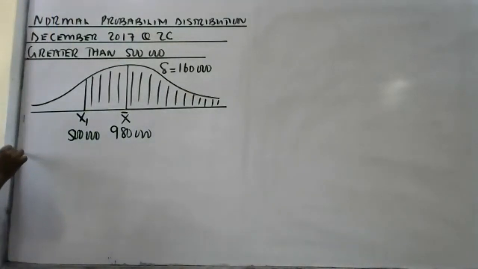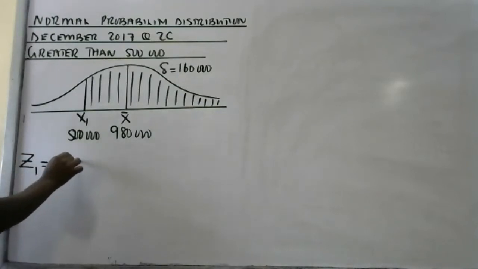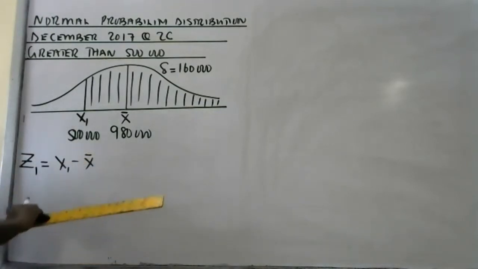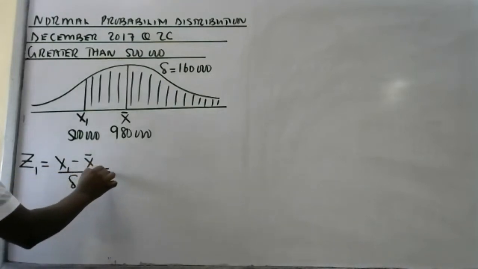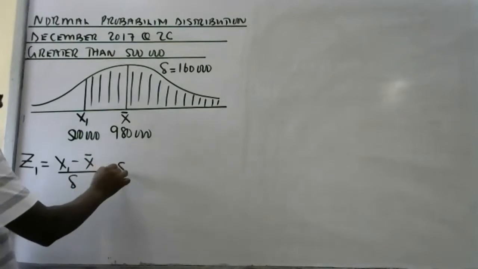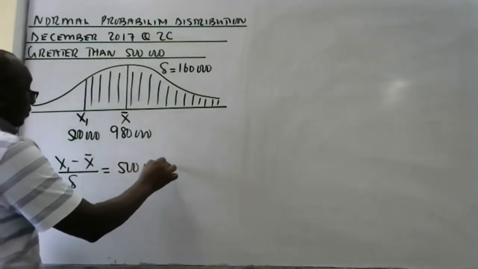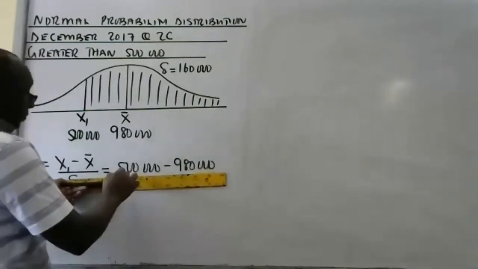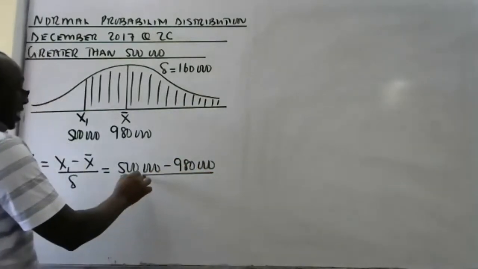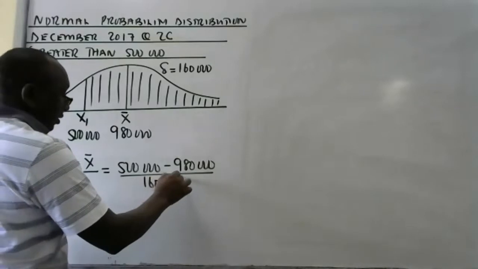So again, we get our Z1 as X1 minus X bar, you divide by standard deviation. So this will be 500,000 minus 980,000, you divide by 160,000.